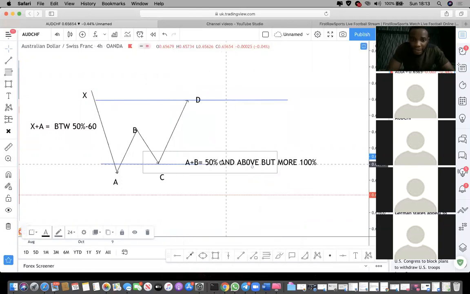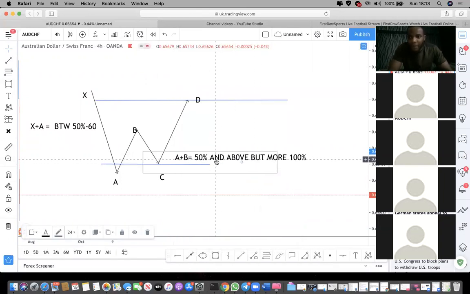If we go past the 100%, it's something else. We're not looking at the back pattern anymore. I hope that makes sense.